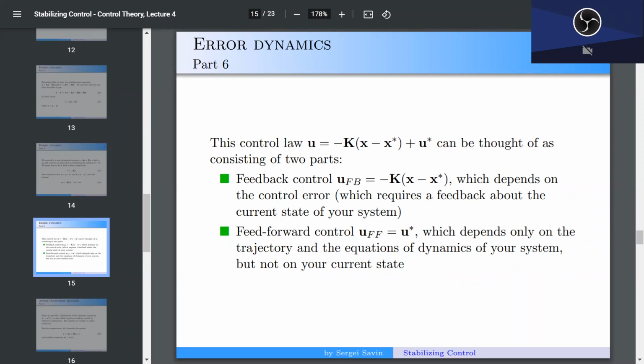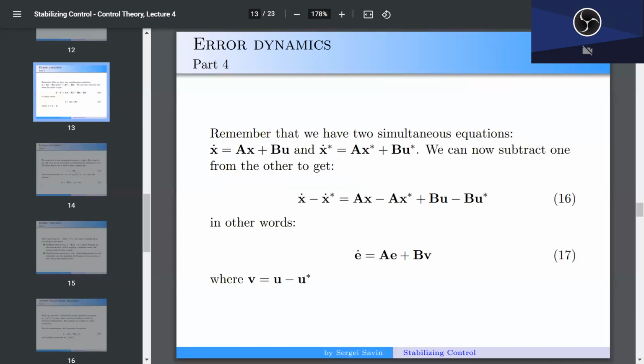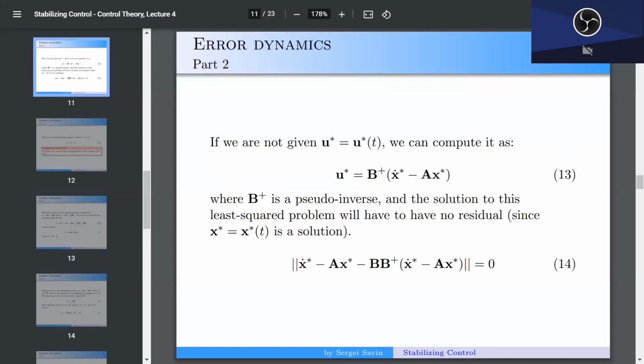Can you explain one more time why the pseudo-inverse in this case gives an exact solution? Yes. Okay, so pseudo-inverse in this case, let me go back to the slides. Pseudo-inverse in this case gave an exact solution because this equation here, x dot star equals a x star plus b u star, we know that it holds.